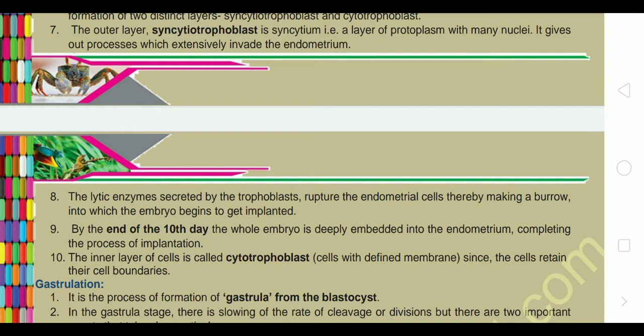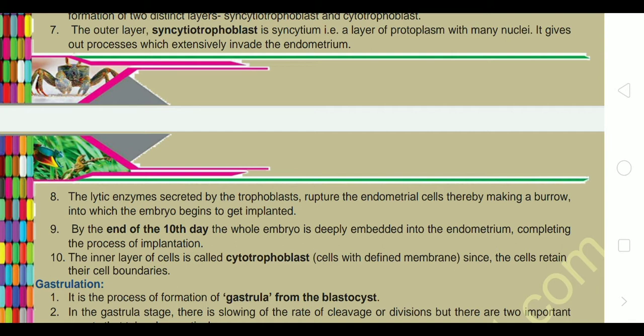So here we can say there are so many nuclei in a single cell with a large amount of cytoplasm. Because of that, it forms finger-like structures coming out, which extensively invade the endometrium, penetrate it a little bit and root themselves.